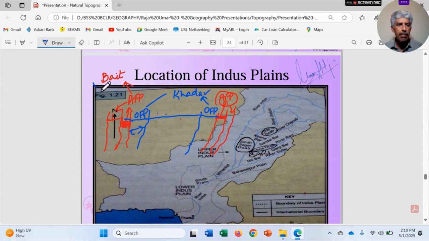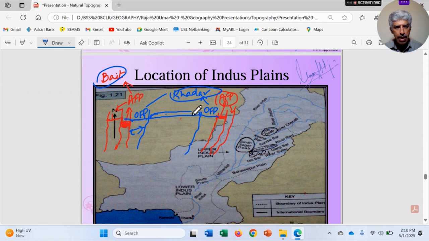BATE and Khadar. BATE means active floodplain, Khadar means old floodplain. And then there comes a scarp, a bit of height that is formed because of erosion.